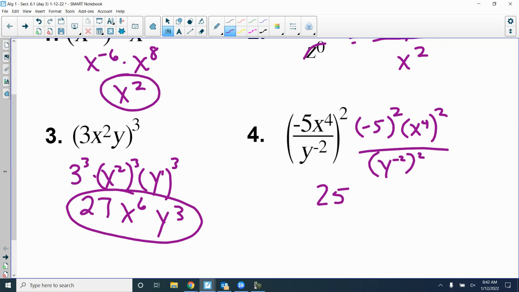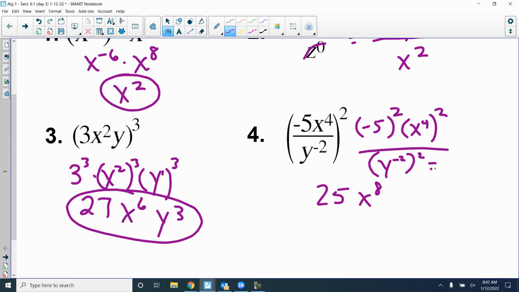Darren, what do you think? I'm raising a power to a power. What do I do? What do we do? We multiply. So what do you got? X to the what? X to the 8th. Now, what about on the bottom here? What's negative 2 raised to the second power? What is it, Juan? You're multiplying, brother.